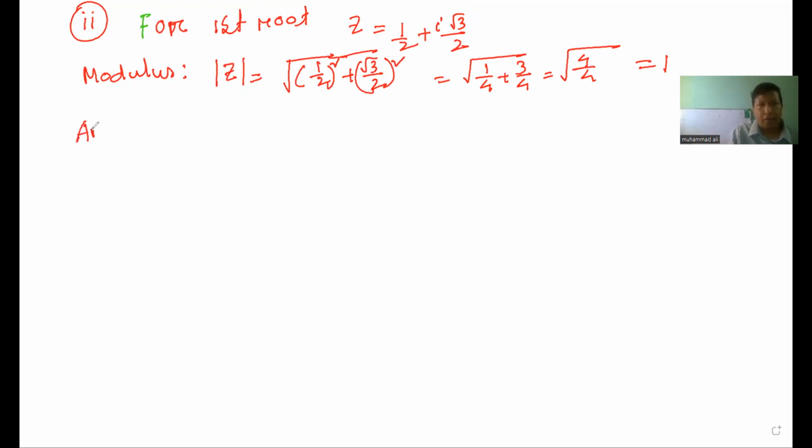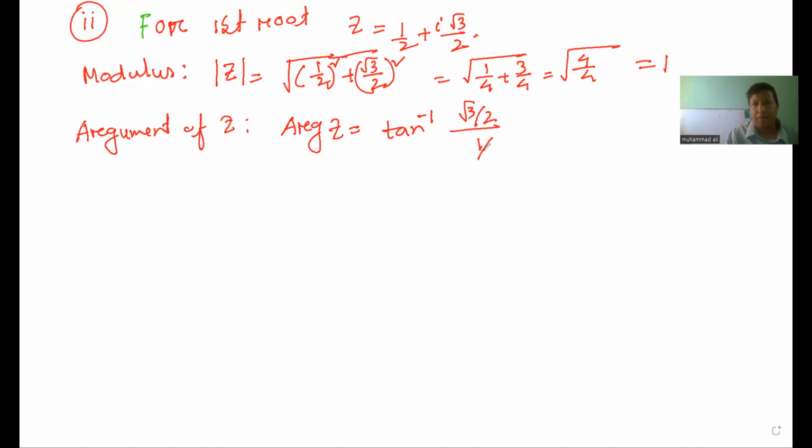Now the argument of z, we can write arg z equals tan inverse of root 3 by 2 divided by half. So we get tan inverse root 3. Remember, the argument result in complex numbers should always be in radian mode. So it will be pi by 3. So for the first root we get the modulus and also the argument of z.